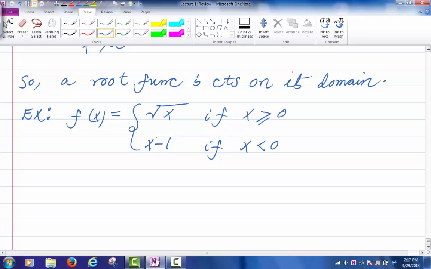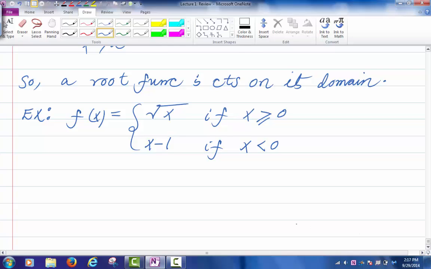This is a piecewise function. So when I say root function, I'm not including the piecewise functions there, even if the individual parts in the piecewise are root functions. Am I making sense?